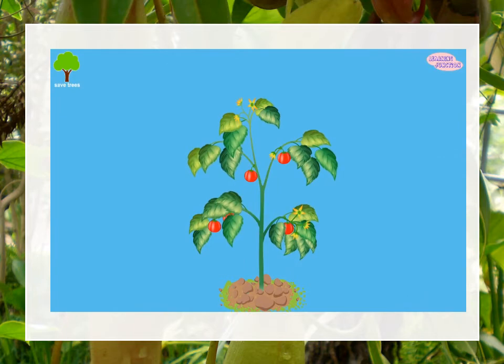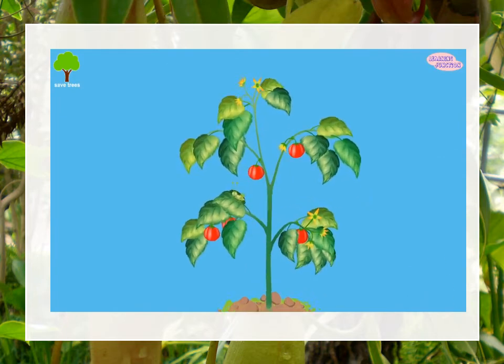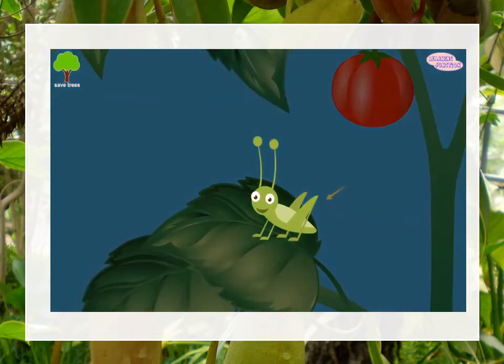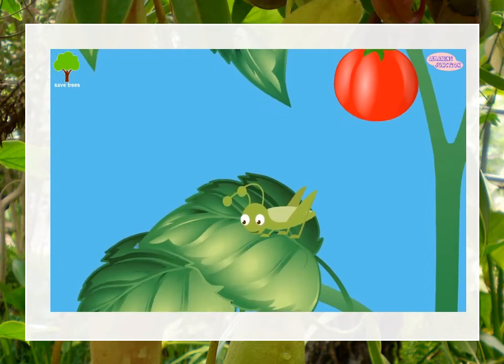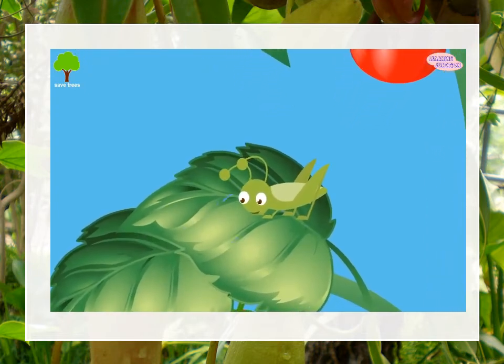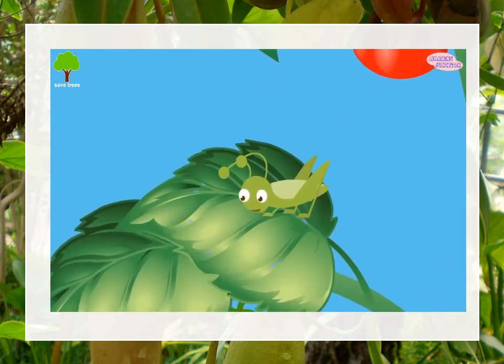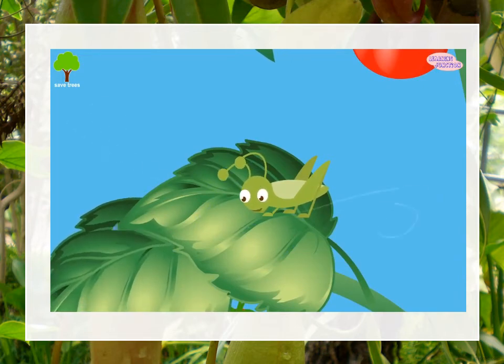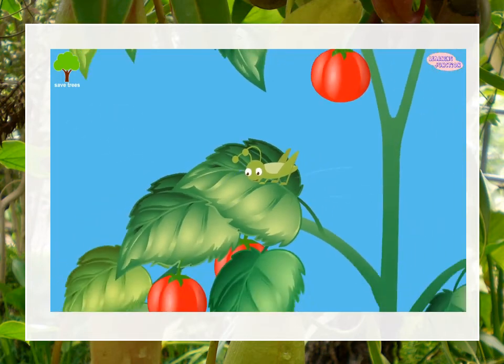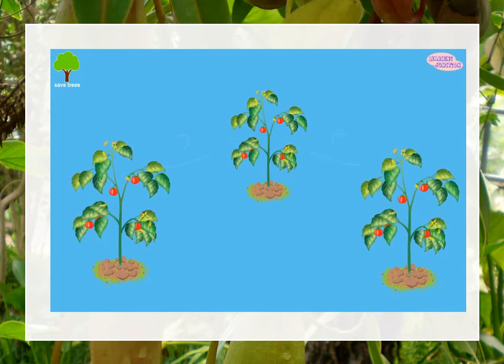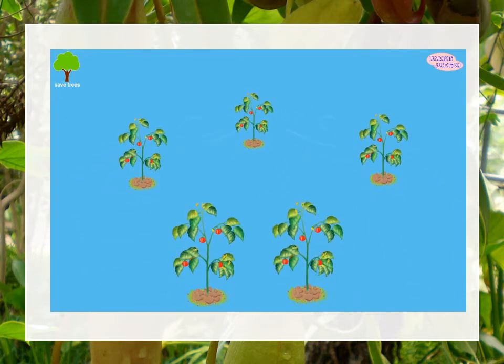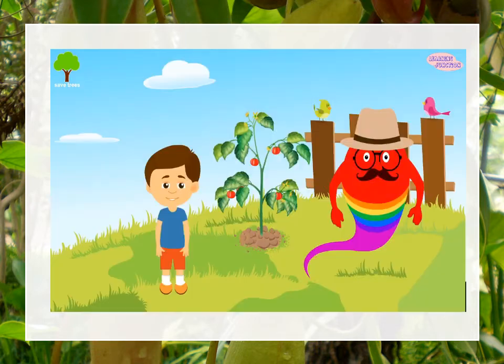See this tomato plant? An insect is here. But this plant has both physical and chemical defenses ready to fight. It releases some compounds that can send a signal to other similar plants. And they also start releasing their own insect repellent.